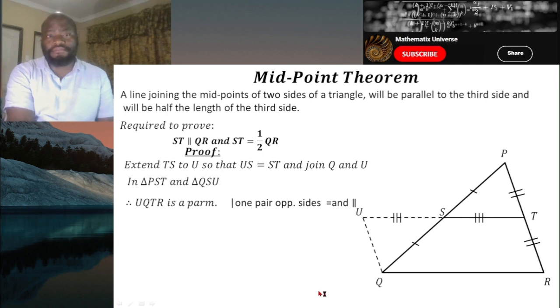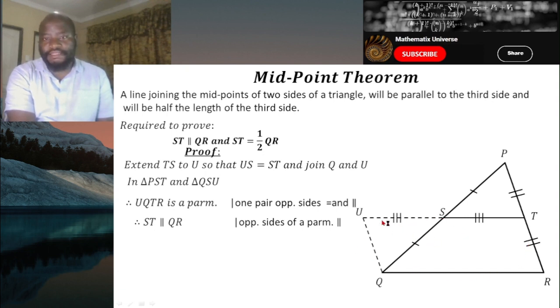Then we see that since we have proved that this thing is a parallelogram, then we have proved one of the required to prove statements. We have proved that ST is parallel to QR because in any parallelogram opposite sides are parallel. So it makes this whole line parallel to this side, which means we can even say ST is parallel to QR. Then again, we see that UT must be equal to QR if this is a parallelogram.